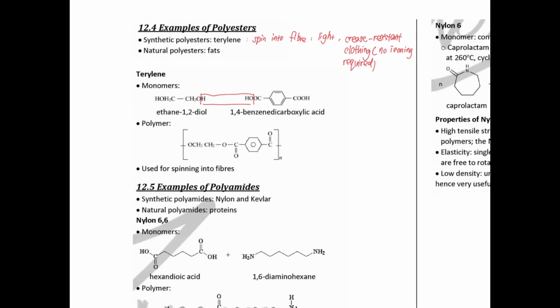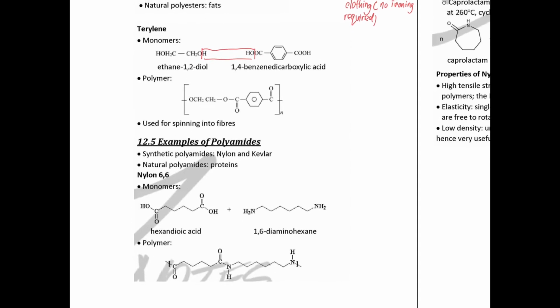Now let's move on. 12.5 examples of polyamides. So polyamides, as the name here, amide means CONH. These structures have to be there. Now we have synthetic polyamides. Example, nylon.